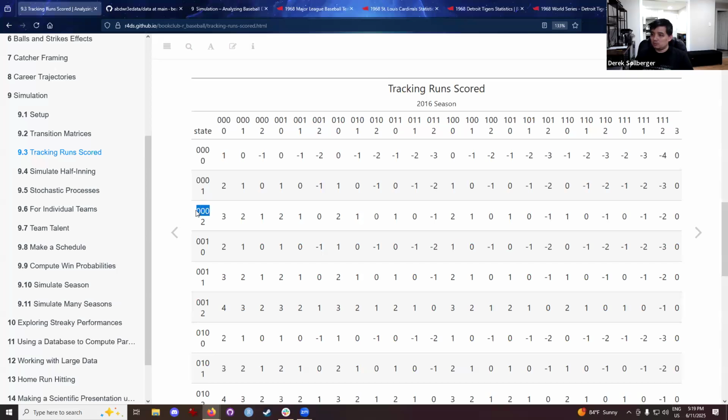If we go from a man on first, 0 outs, to no base runners, 0 outs, that means 2 runs have scored, namely a 2-run home run. Some of these other numbers might not make sense in the same way that I just described. And also the negative numbers are moot at this point because you cannot go backwards in a half inning.